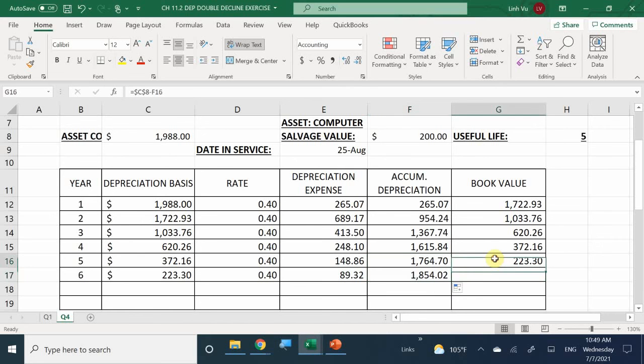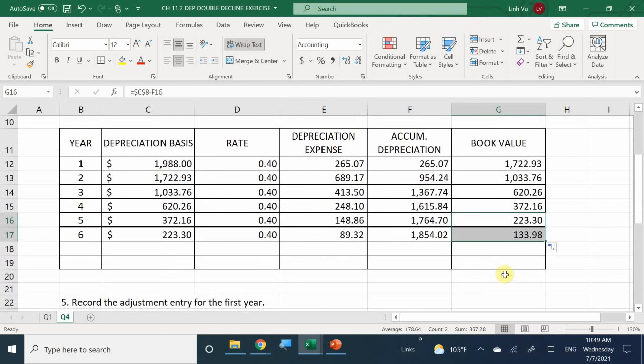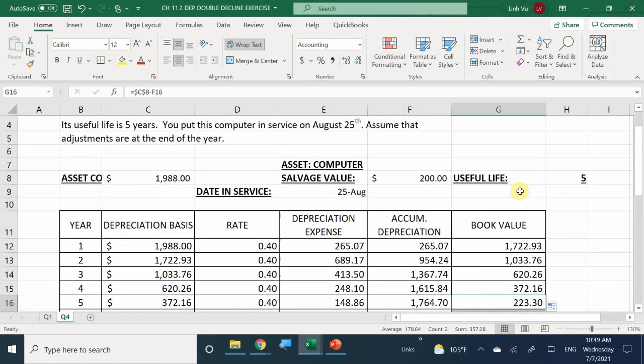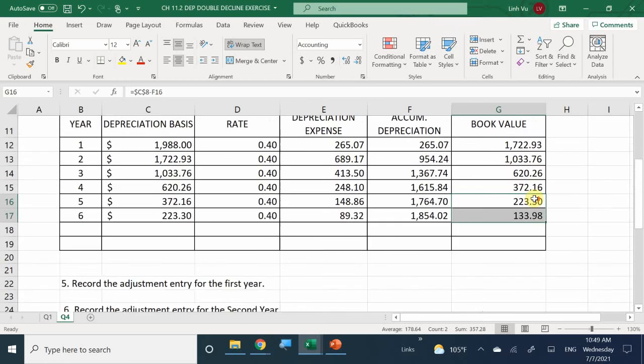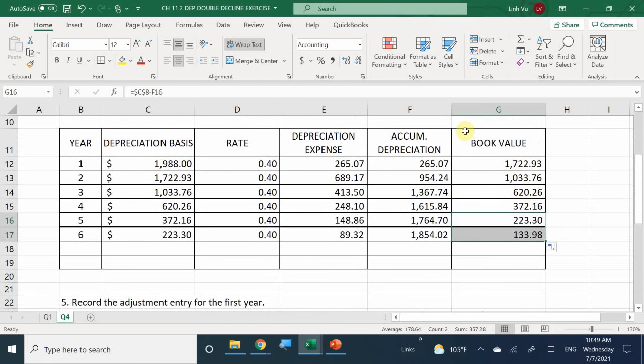And then last but not least, I have 133.98 as the book value. Now, can I ever have this book value? No, because my salvage value is what? 200. So in this case, I fell below salvage value.